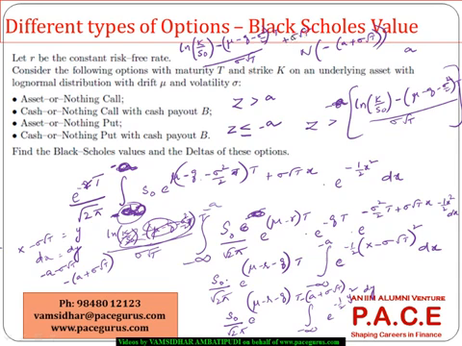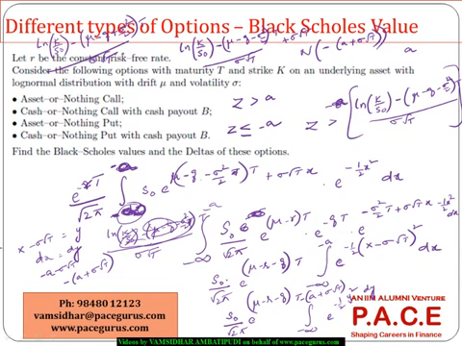So this becomes sigma squared t and minus sigma squared by 2 t. So this becomes log k by S naught minus of mu minus q plus sigma squared by 2 into t, by sigma root t.